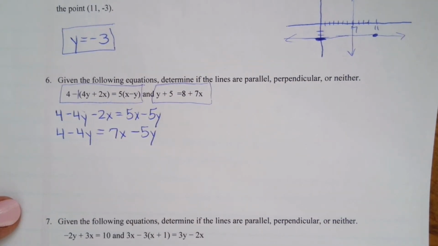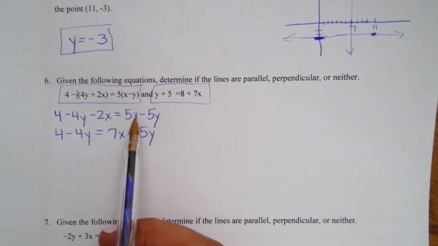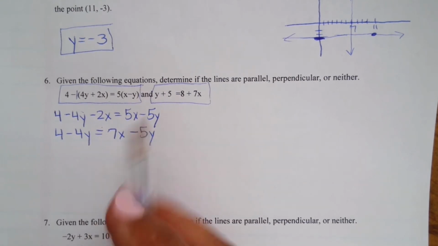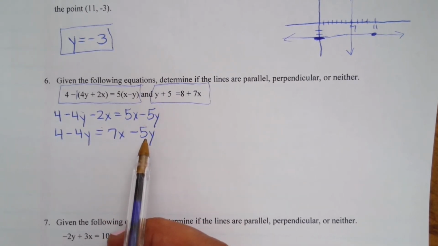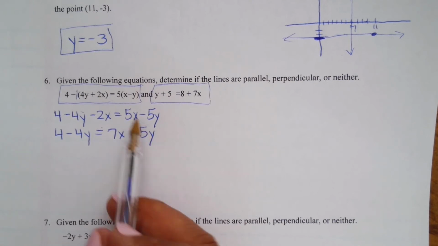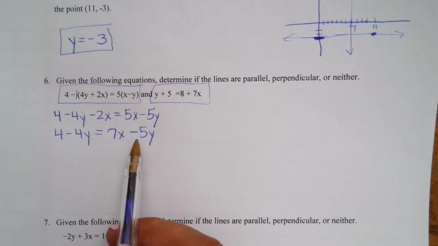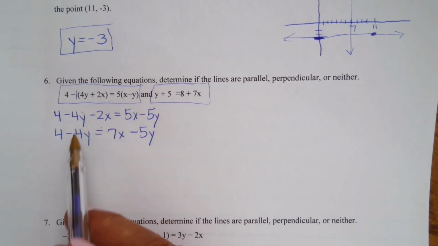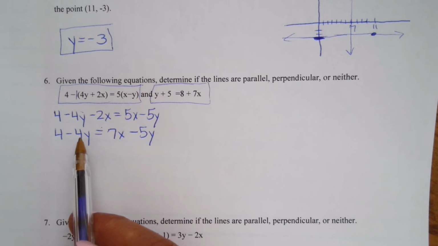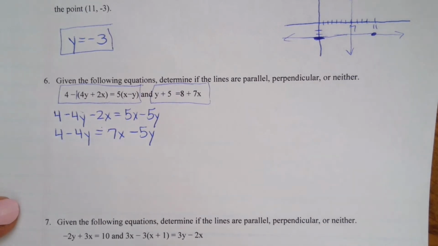Okay? So I took the -2x, moved it over here. Next thing I'm going to do is take this 5y, which is negative, and bring it over here, because I need my y's on the left. So since it's a -5y here, it's going to become positive 5y over here. So a -4y and a positive 5y would be a positive 1y, which is just y.